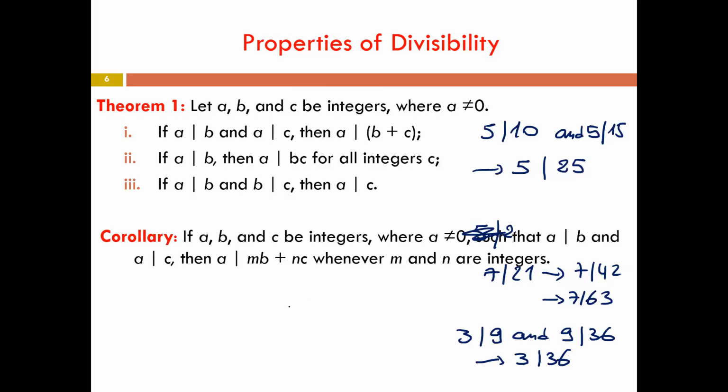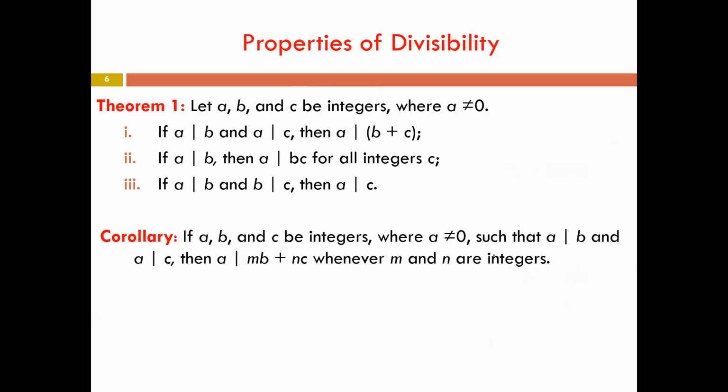As a consequence, if A divides B and A divides C, then A divides any linear combination of B and C. So 3 divides 6 and 3 divides 9, so 3 divides 2 times 6 plus 5 times 9, any linear combination of these two integers. This means that 3 divides 57 as well.